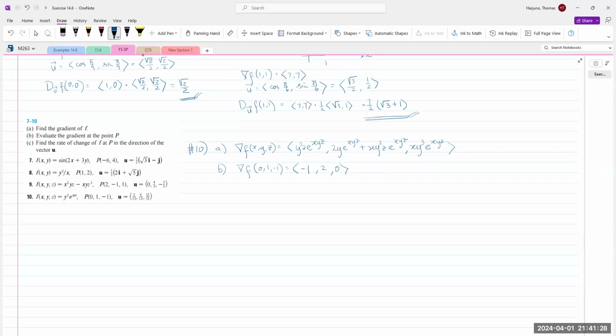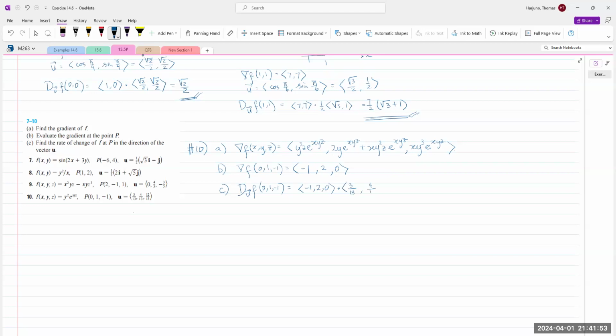And then part C, the rate of change, basically the directional derivative in the u direction of the function at 0, 1, negative 1, that will be the gradient at that point dot the unit direction vector.